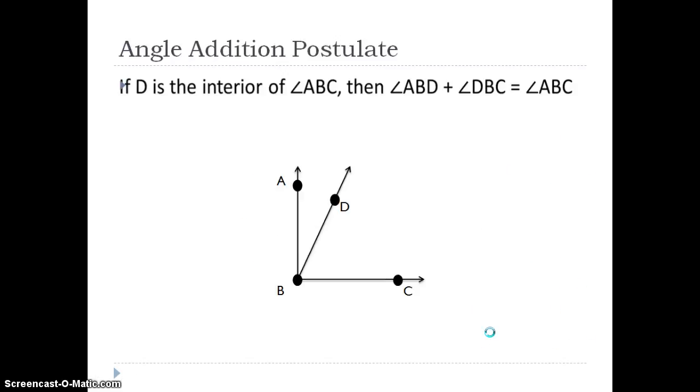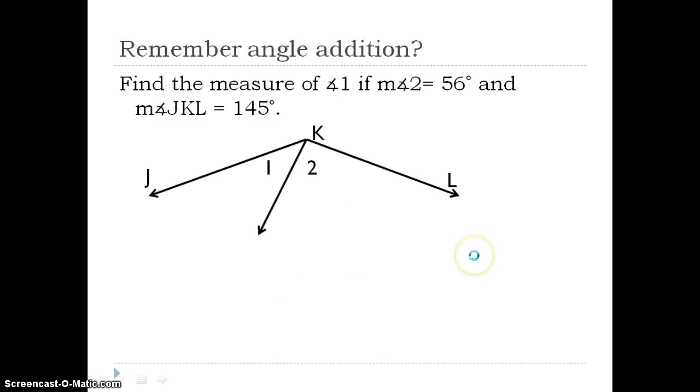The last thing we're going to talk about is the angle addition postulate. If D is in the interior of angle ABC, then you can add the two smaller angles up to equal the whole angle ABC. So let's try an example.